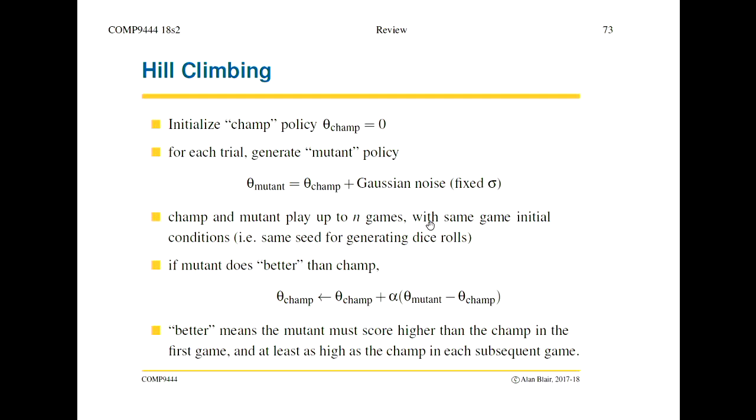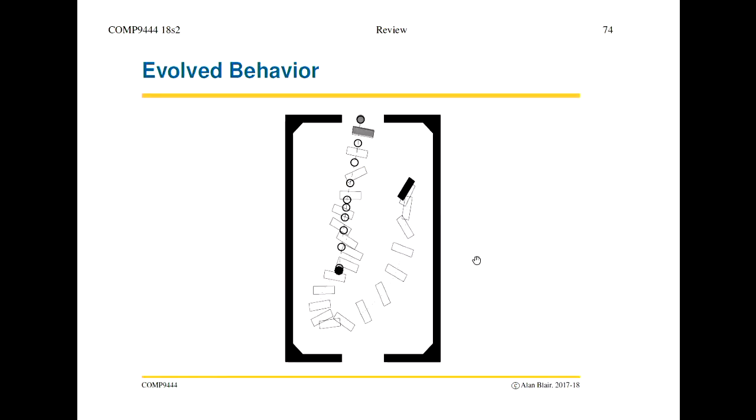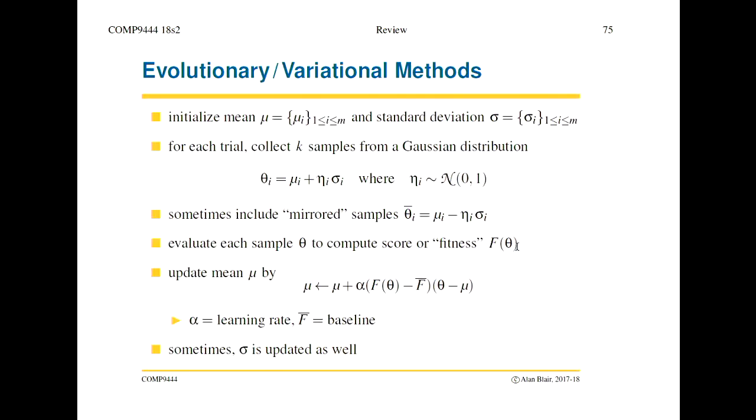This was the simple algorithm that we developed in the 90s, and we applied it to simulated hockey and backgammon. And then this is the perhaps slightly more refined algorithm that was used last year in this OpenAI paper, which is very similar, except that the amount by which you move towards the mutant depends on the fitness of the mutant.